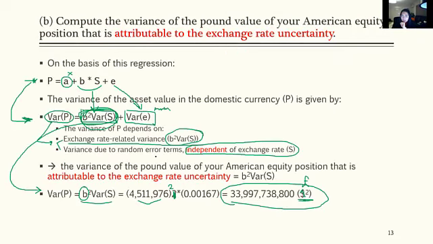In the previous exercise, we said that the total variance of P is comprised of this term, which is related to exchange rate, and this term, which is not related to exchange rates. As a result, the variance attributable to exchange rate risk should be given by this number here.